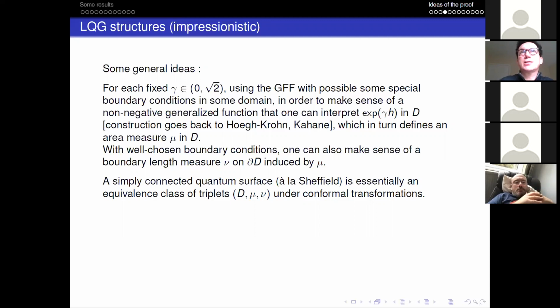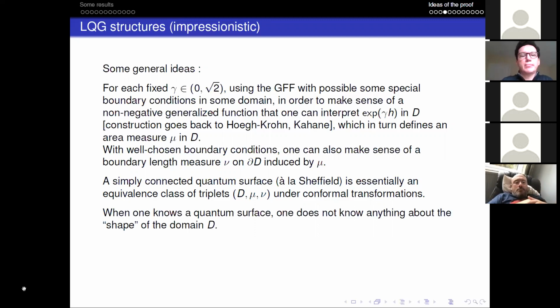In some sense, when I give you an equivalence class D mu nu, it doesn't tell you what D is, because by Riemann's mapping theorem, you can always map a simply connected domain onto each other by conformal transformation. It just tells you how mass, how area, is distributed within the domain D, but you don't know the shape D because you are working with equivalence classes.